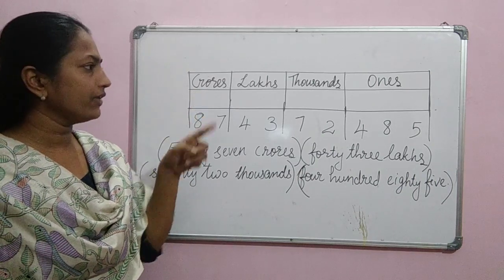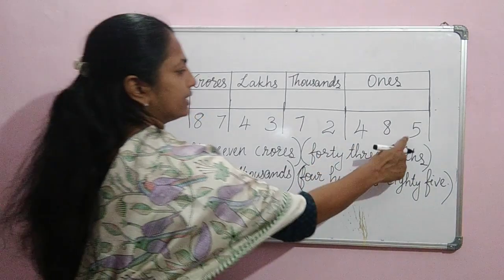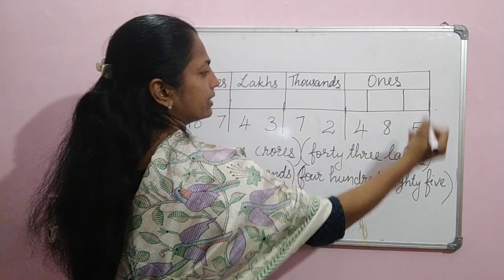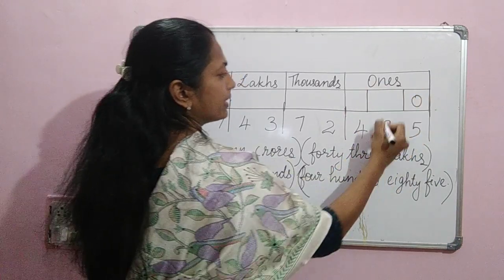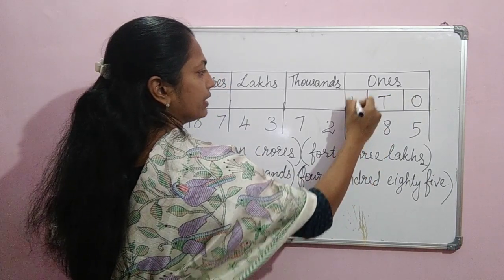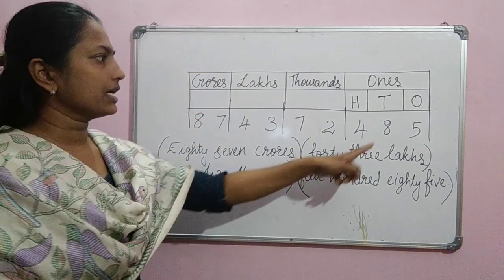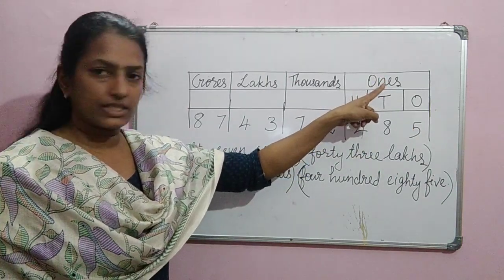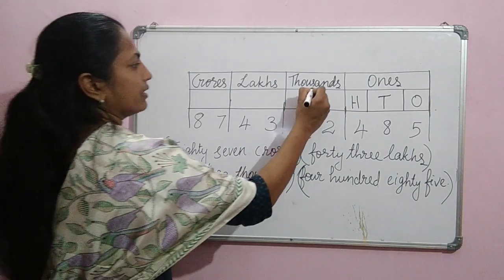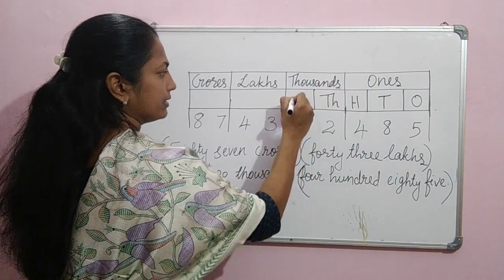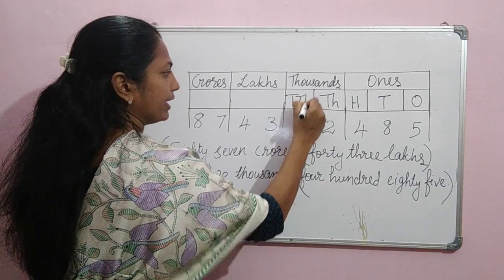And as we all know, these digits come in which place? 5 comes in ones place, 8 comes in tens place, 4 is in hundreds place. That means ones, tens and hundreds come in ones group. Next, this is thousands place and this is 10,000s place.